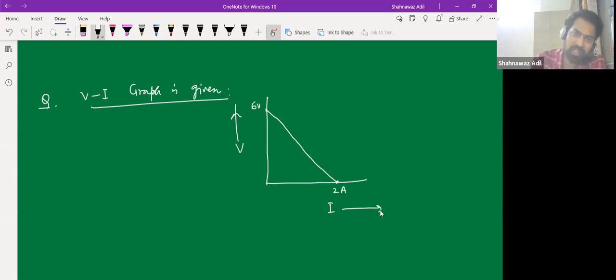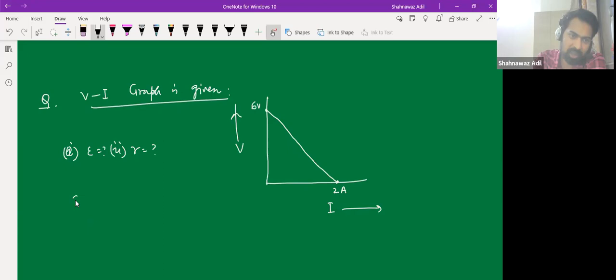So the question is that you have to find out what is the EMF, and the second question is what is the internal resistance. So from the graph, we have to tell what is EMF and what is the internal resistance, right? So EMF we can calculate easily.